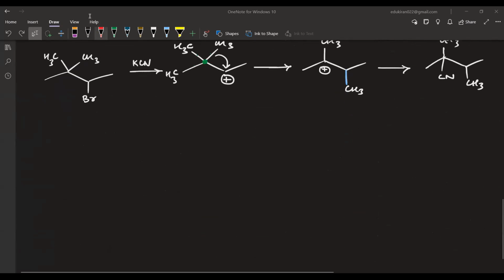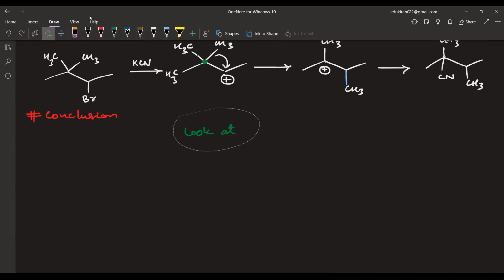Please write this conclusion with me. What you have to look at is the carbon adjacent to carbocation. Okay.